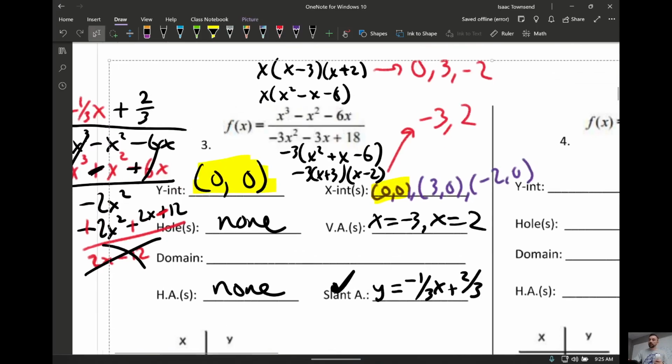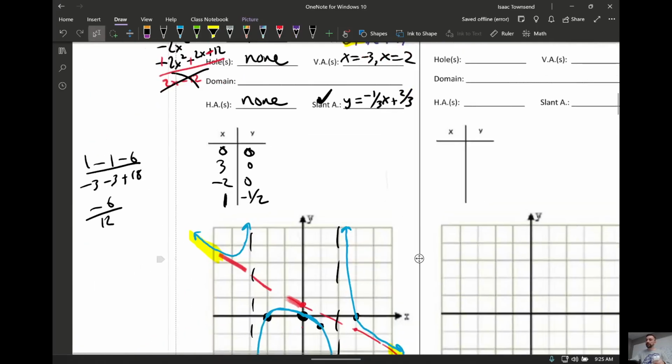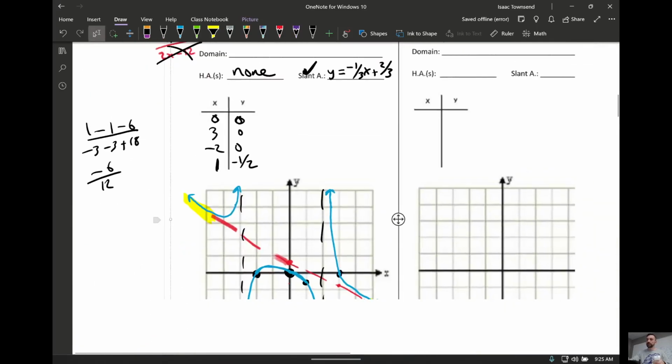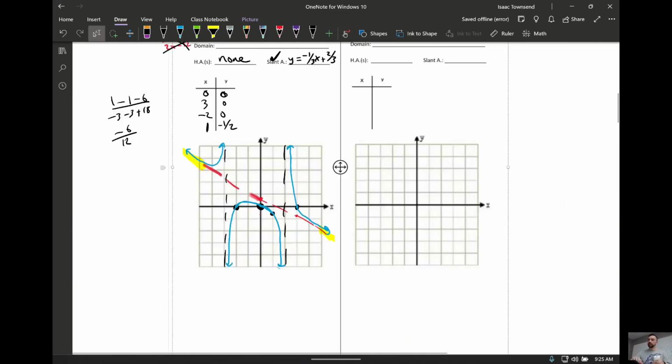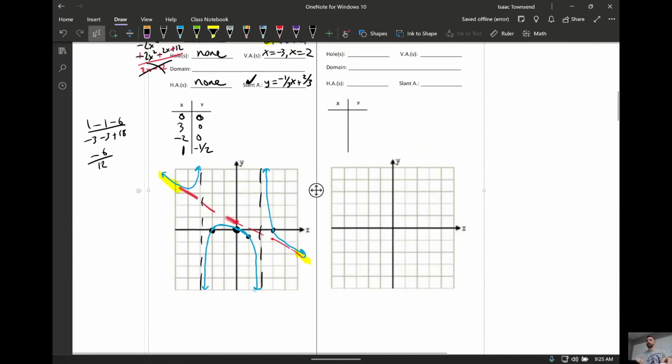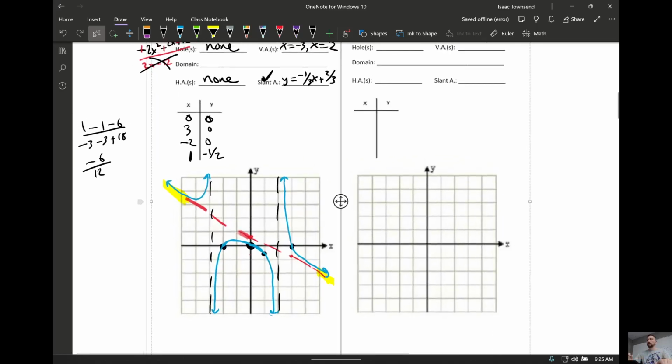Let's go ahead and fill in the domain now, and then I want to talk about the graph for a second, and then I'm going to give you a few minutes to try question 4. Now that we've got the graph in front of us, I can see it hits all of these x values, which would be negative infinity to negative 3.